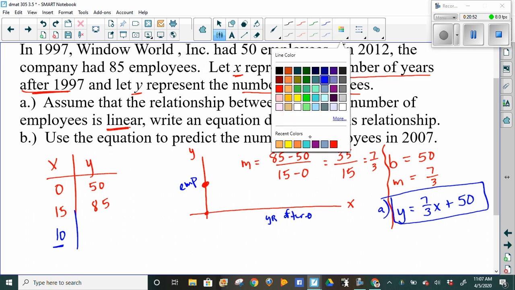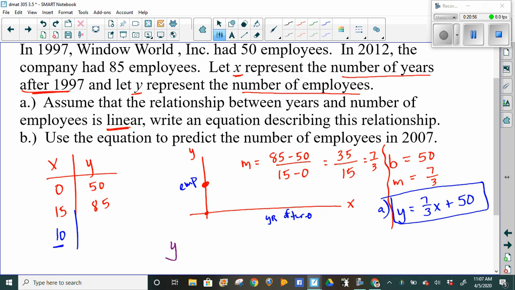So now let's plug it in and find out that the number of employees is 7 over 3 times 10 plus 50. So obviously we're just going to type that into our calculator. So 7 over 3 times 10 plus 50 is 73.3.